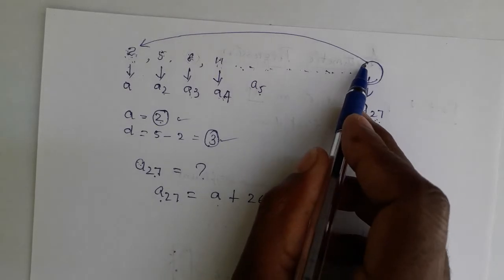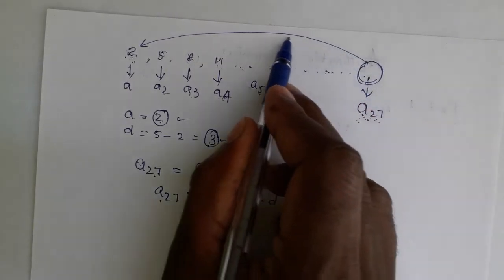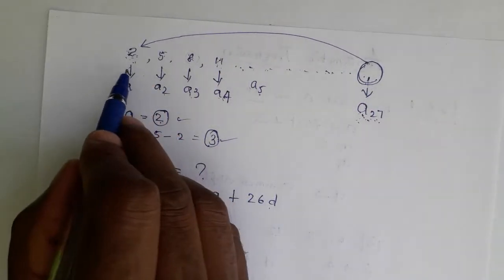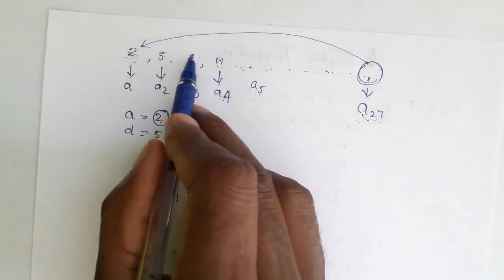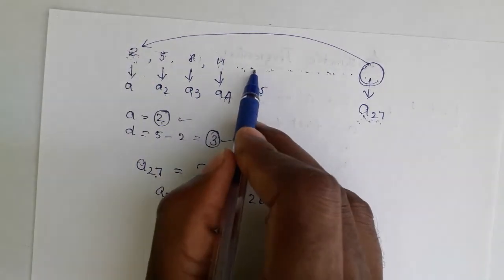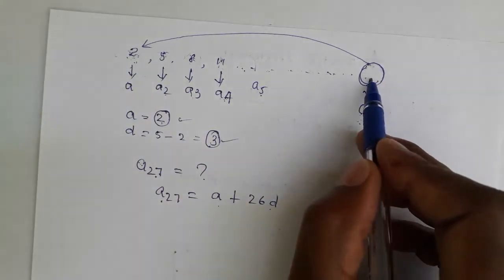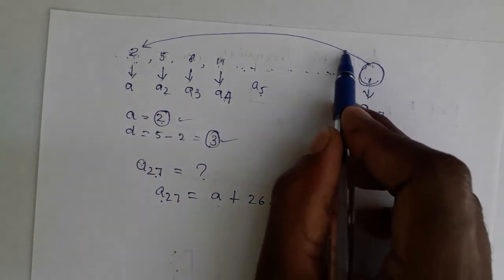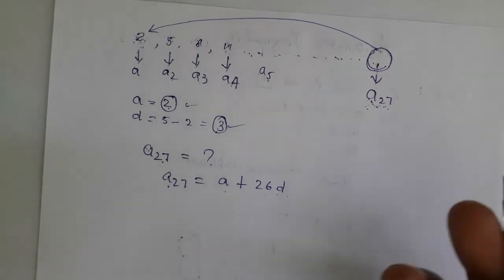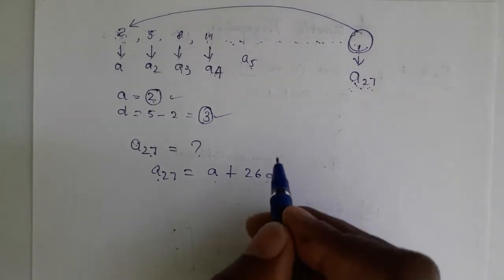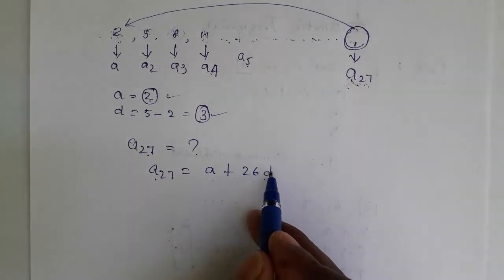Got it? The 27th term takes 26 jumps to meet A. The fourth takes 3 jumps, the fifth takes 4 jumps, and the 27th takes 26 jumps to meet A. Here every jump is the common difference D.